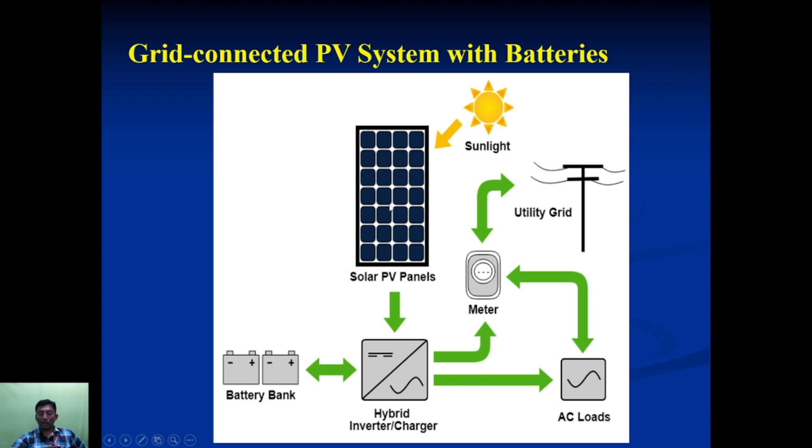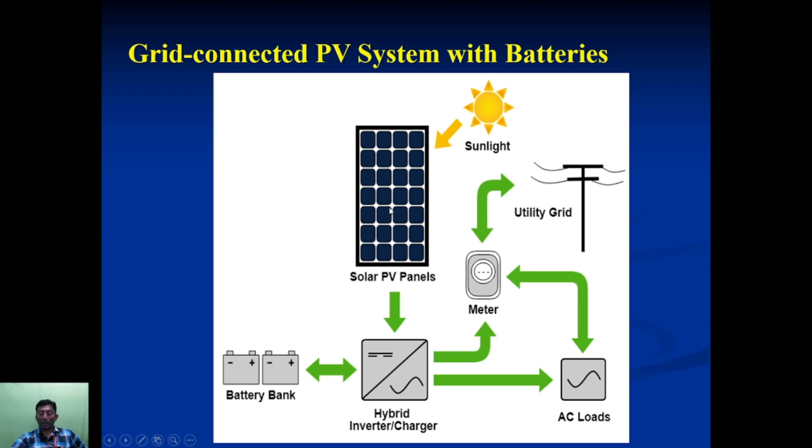Okay, another thing, sunlight strikes on the panel, generates DC, and that DC is stored in a battery, plus and minus. The DC is stored in the battery pack through the charger.